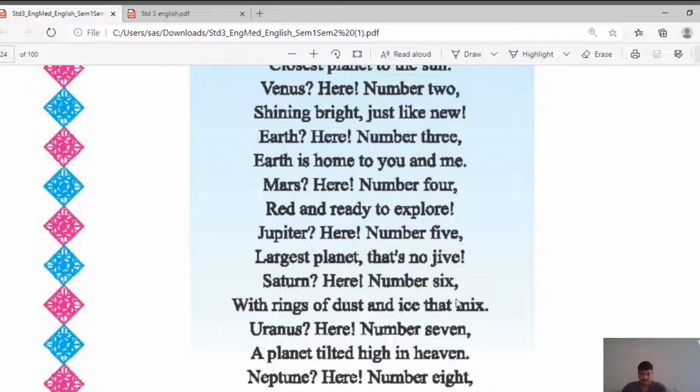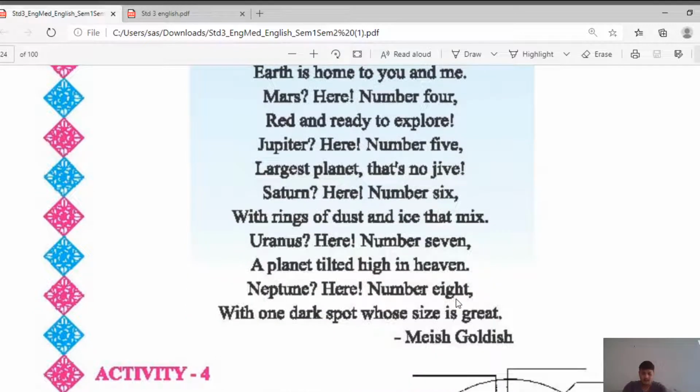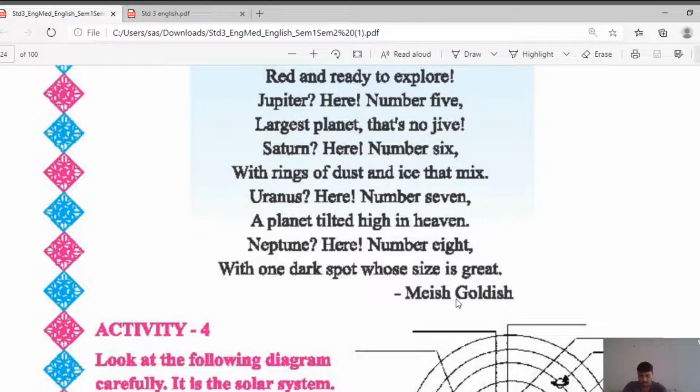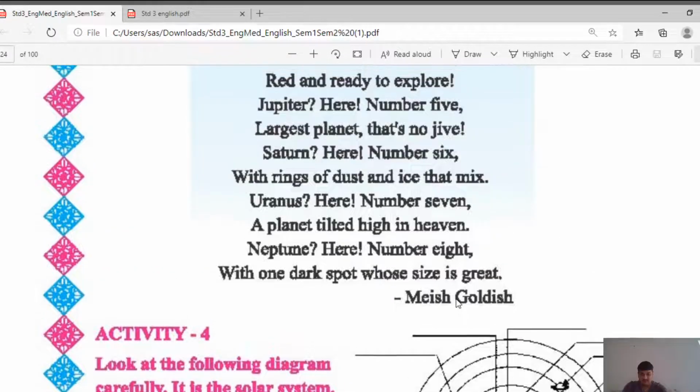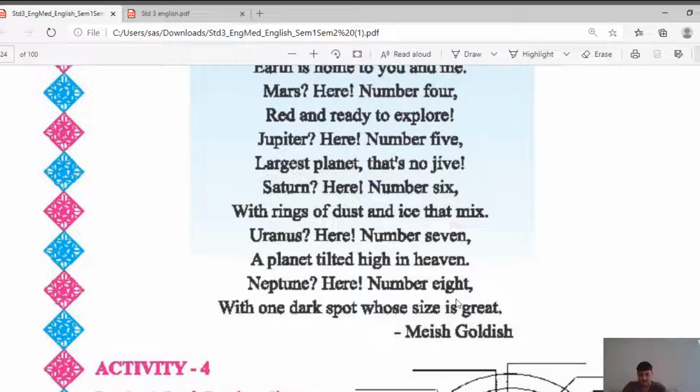Uranus, here we have number 7 with tilted high. Neptune, we have this number 8 with one dark spot whose size is great. So students, this much information is very much necessary.